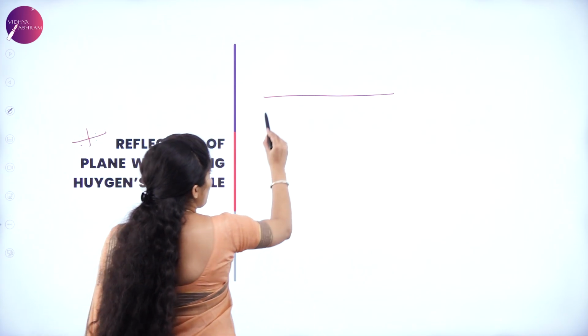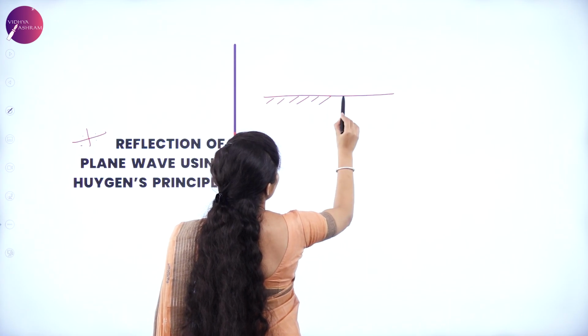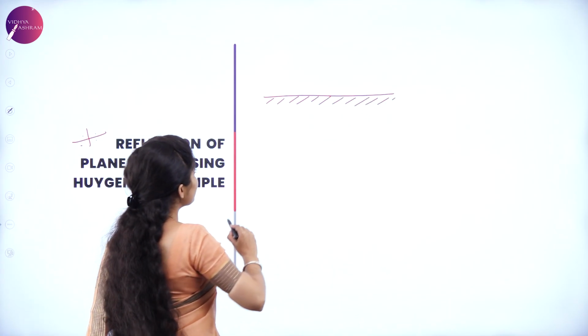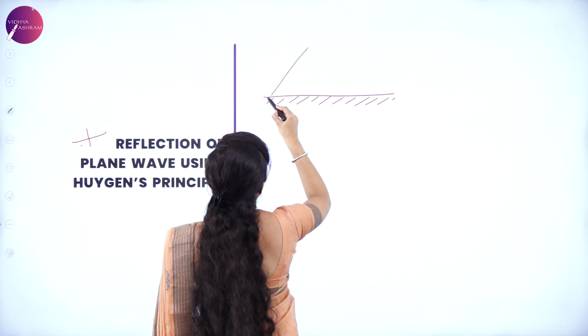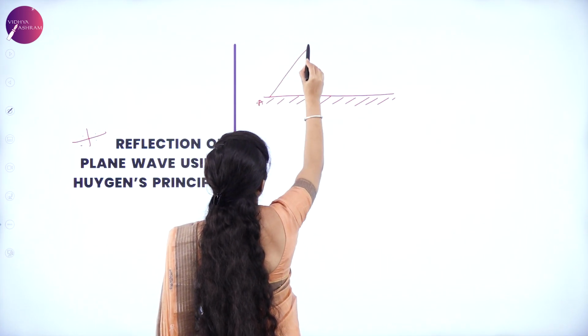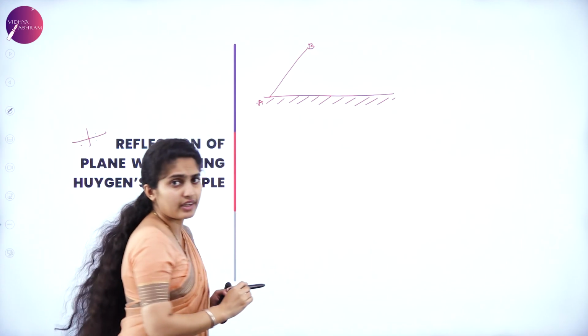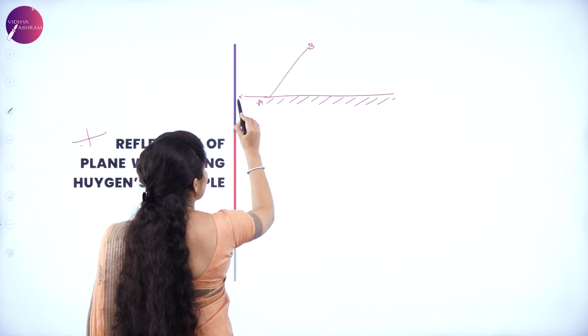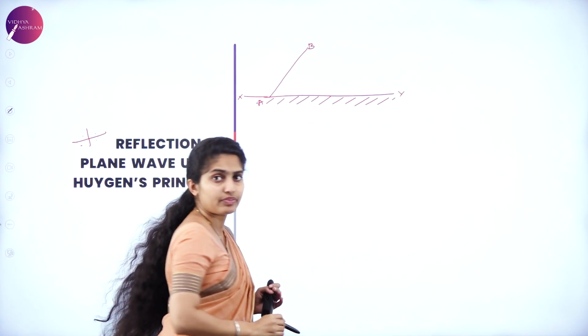So here one side is said to be polished because we are checking only the reflection. There is a wavefront, call this A and call this B, which is incident on the surface, name it X and Y.